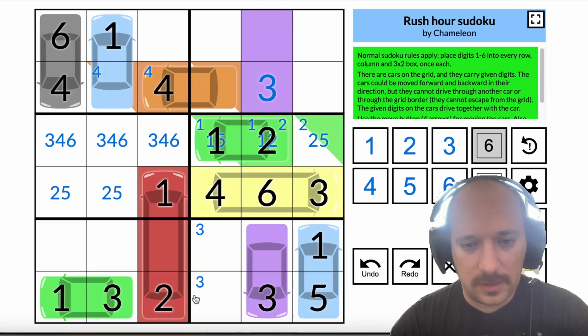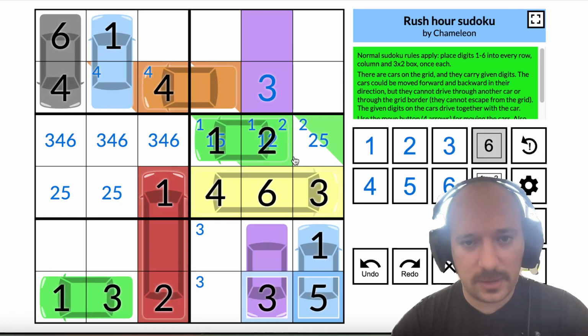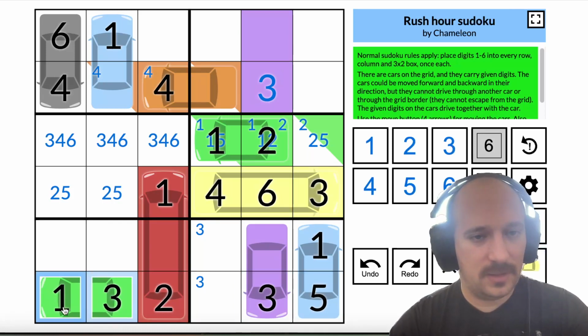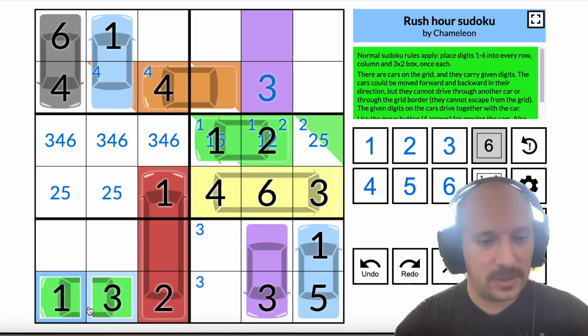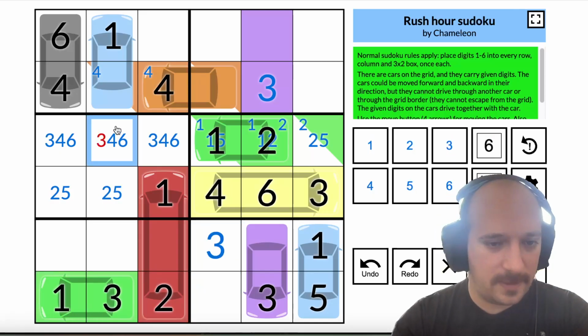Now this one is super restricted because we have the 3s here. So the green cannot stay here or here, it will conflict with the 3s. So the only possible place is actually where it is right now. So we can go ahead and mark 1, 3, 3.